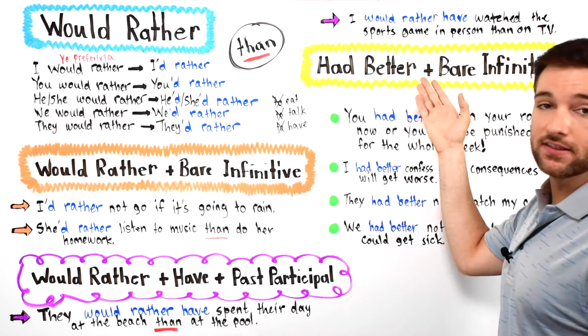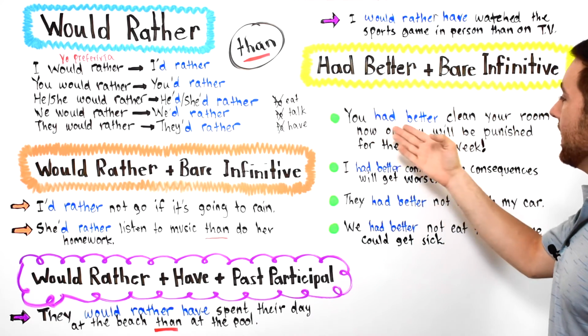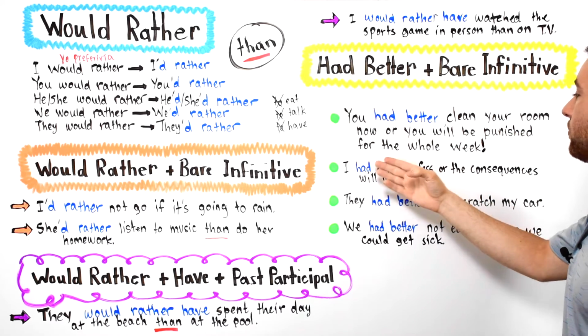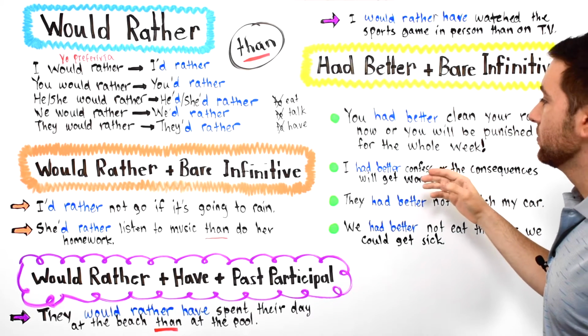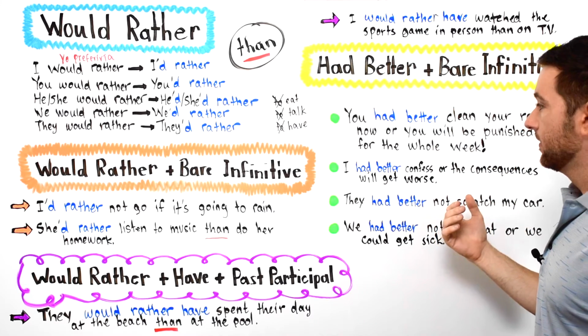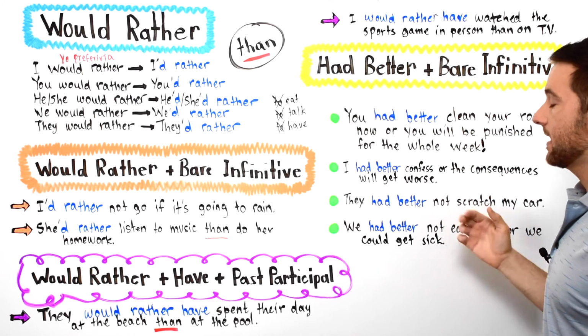With had better and then the bare infinitive. Por ejemplo, decimos, you had better clean your room now or you will be punished for the whole week, okay? So, we're talking about the future, okay? Estamos hablando del futuro, with had better, en este caso.